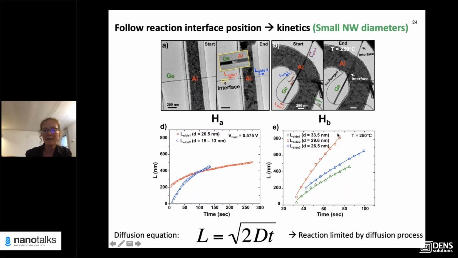Here you see that the fastest one is the intermediate diameter, the red one. If the smaller one were always faster, it would likely be a surface effect. But since we don't clearly observe this, we think that the reaction is limited by some bulk diffusion effect, likely the diffusion of aluminium to the reaction interface.